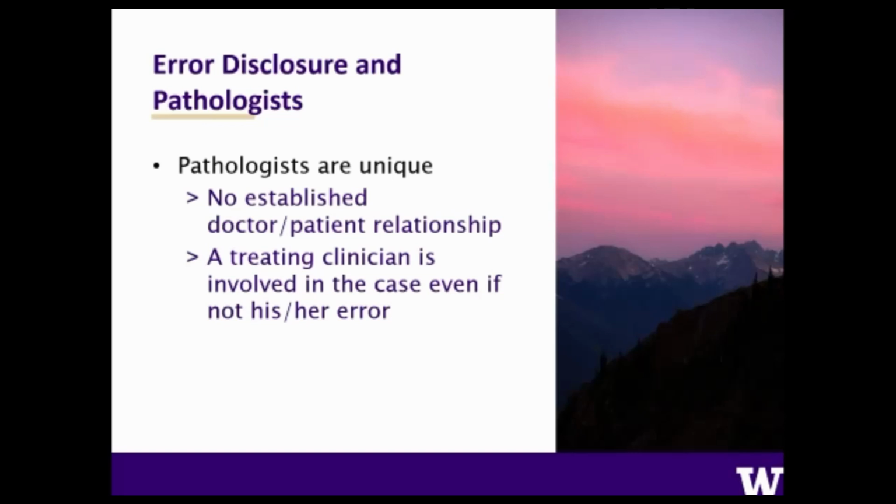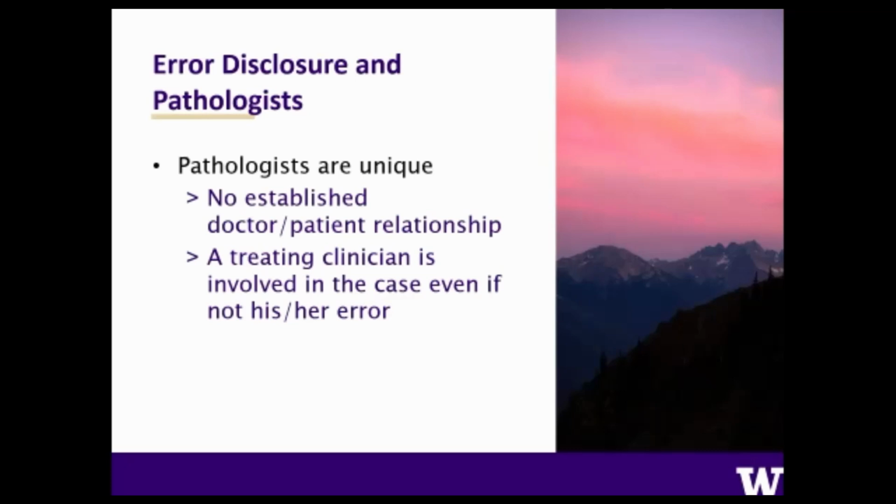Those are patient care providers, right? So those are people who have direct contact with the patients. We're even more difficult because we have no established doctor-patient relationship, and as I've mentioned, the treating clinician is involved in our errors, even if they're not the errors of the actual treating clinician.